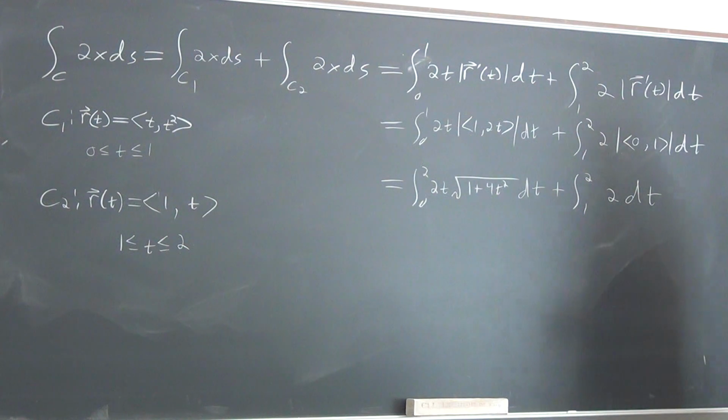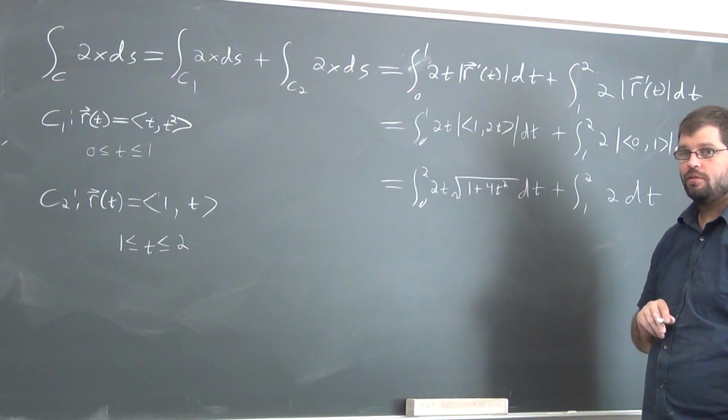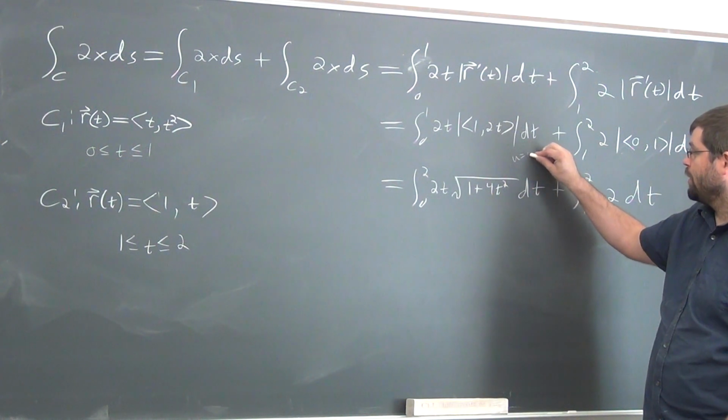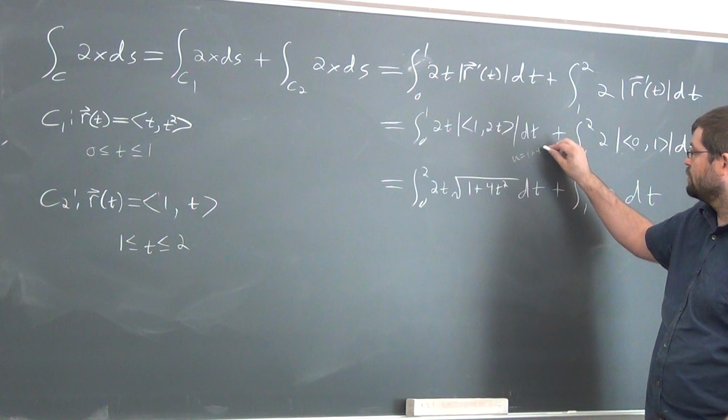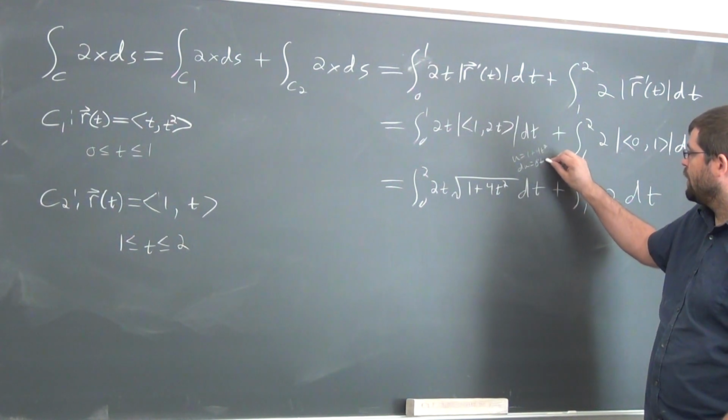Okay. So what do you get here then? You could do a u substitution if you have to. u equals 1 plus 4t squared, du is 8t dt.